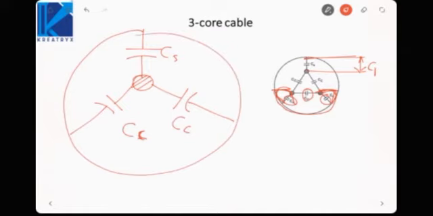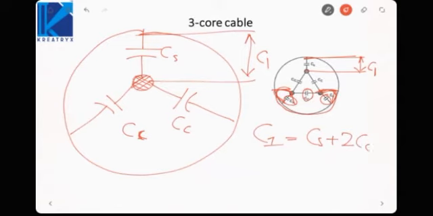One terminal is common in these three capacitors, and the other terminal is the sheath. So all three are connected in parallel, and C1 will be CS plus 2CC, since two terminals are common in all three capacitors. So that is one equation for finding CS and CC.